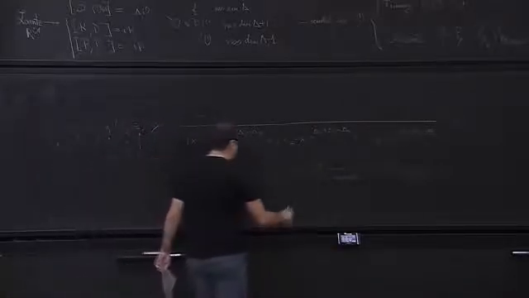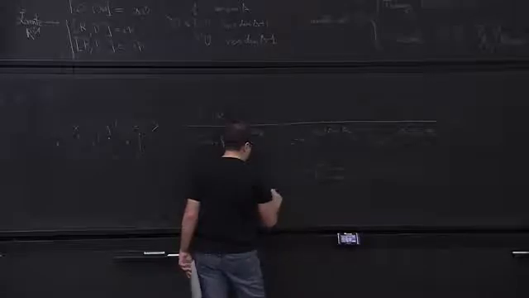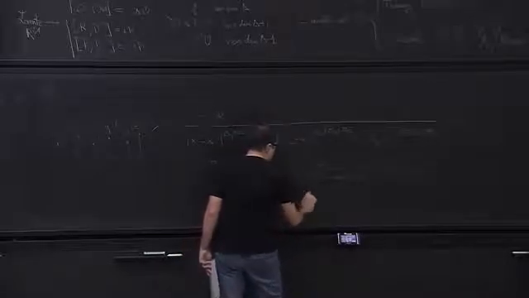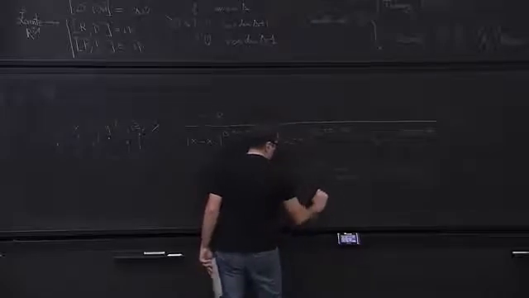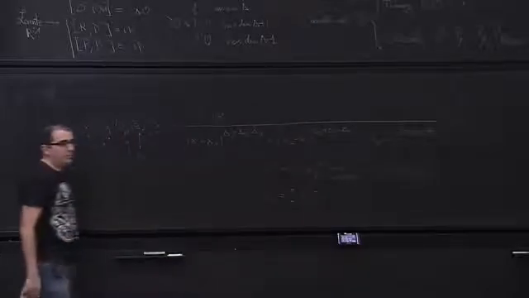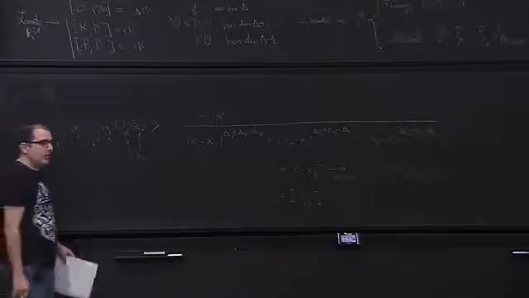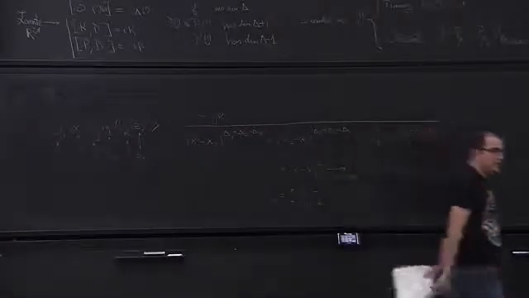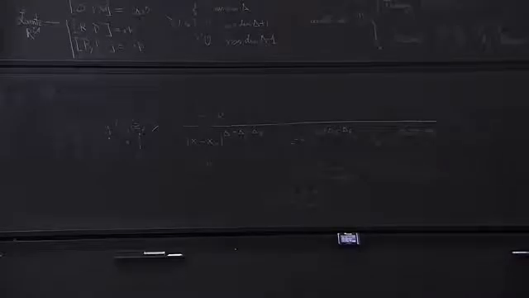And also, I want to point out that special conformal transformations are nothing but translations conjugated by inversions. So you can think of a special conformal transformation as inverting, translating, and inverting back. That's what a special conformal transformation is.